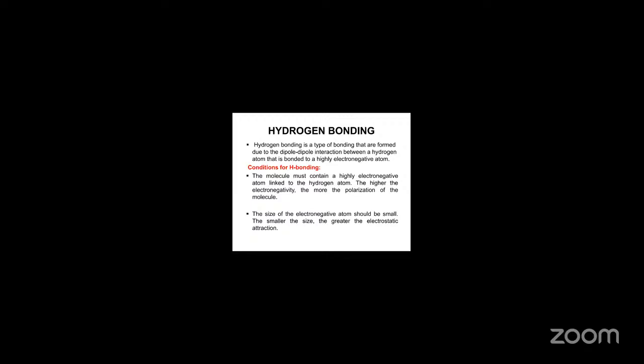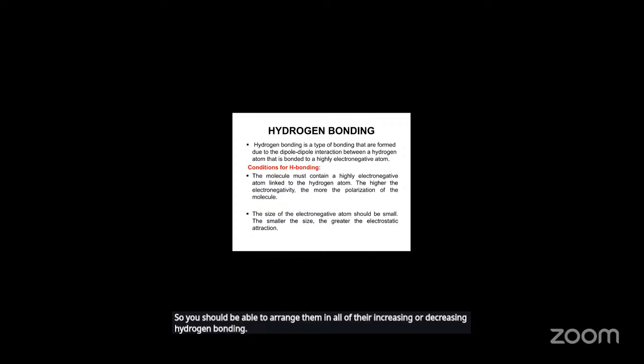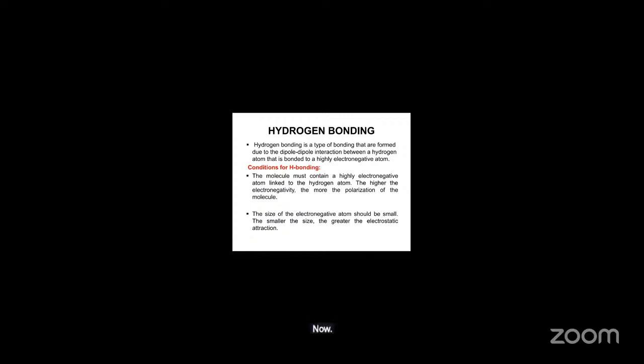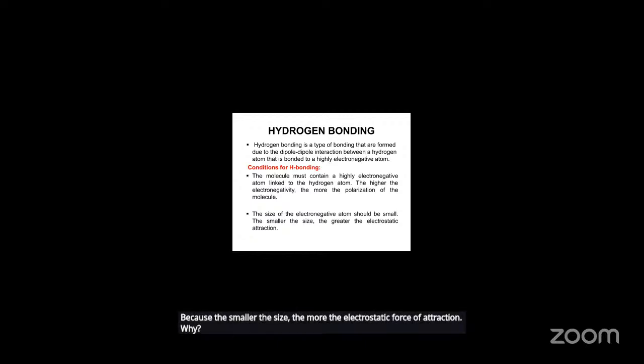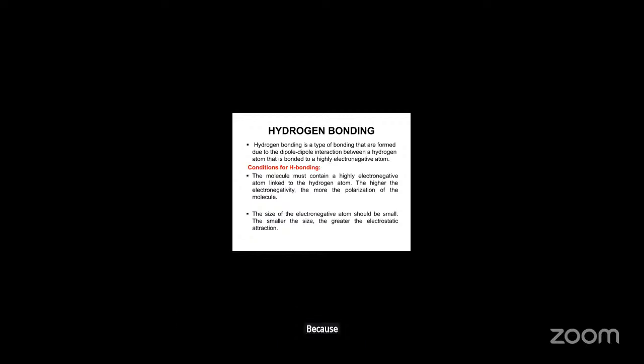So you should be able to arrange them in order of their increasing or decreasing hydrogen bonding. Now, the size of this electronegative atom should also be small, because the smaller the size, the more the electrostatic force of attraction. Why? Because when these atoms are small, the interaction between the proton and the electron will be more.